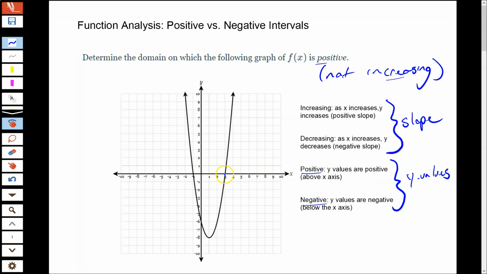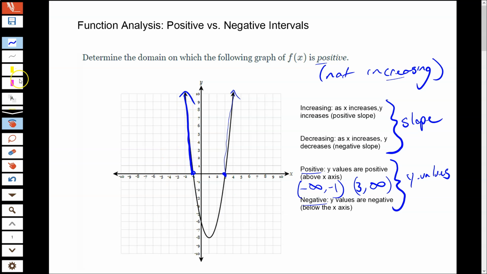So for example, from 3 to infinity is positive, and the reason for that is that this part of the graph from 3 to infinity is above the x-axis. Same is true for negative infinity to negative 1, because that part of the graph is above the x-axis.